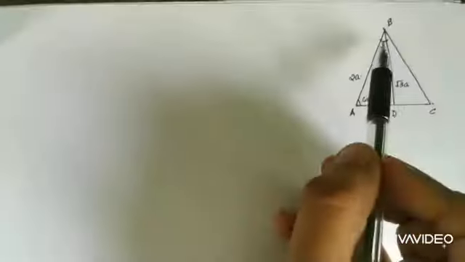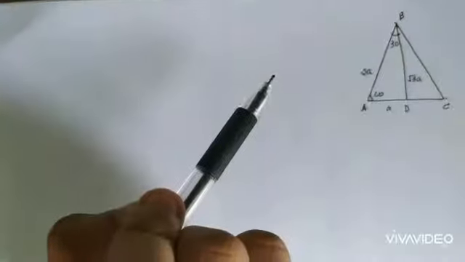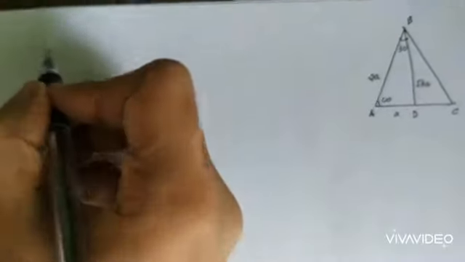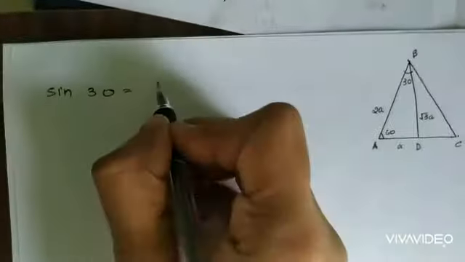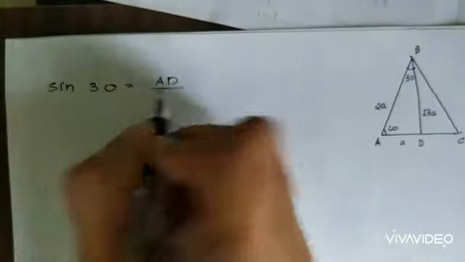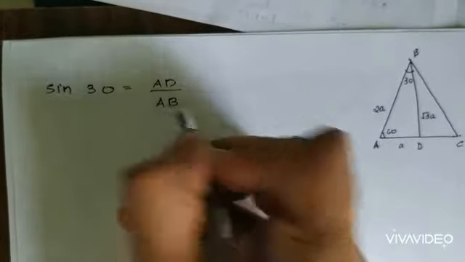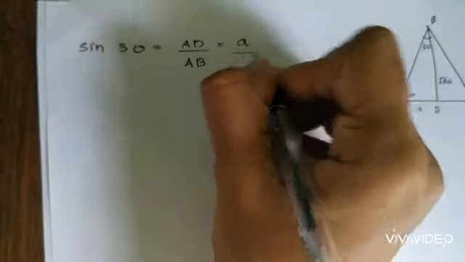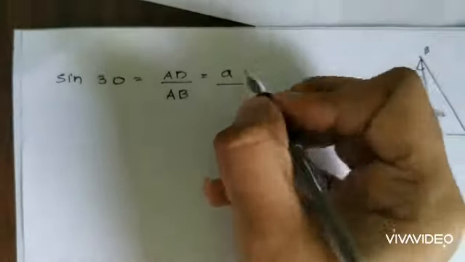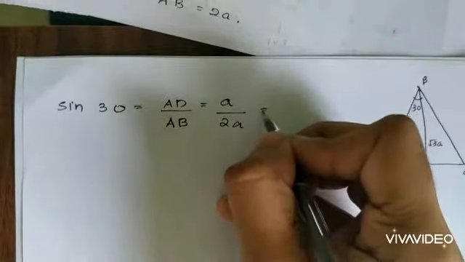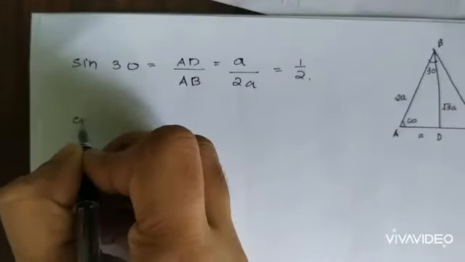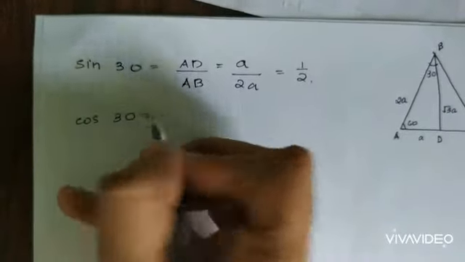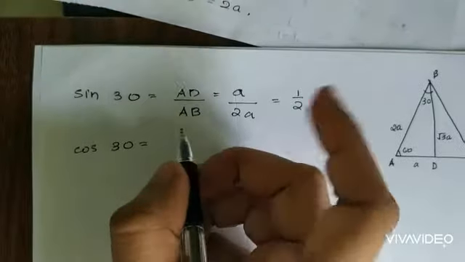Now, considering 30 degree as a reference angle, let us find the trigonometric ratio. Sine 30 is opposite side AD by hypotenuse AB. We have AD equal to A and hypotenuse AB equal to 2A. This implies sine 30 is equal to 1 by 2. Similarly, cos 30 is adjacent side by hypotenuse.